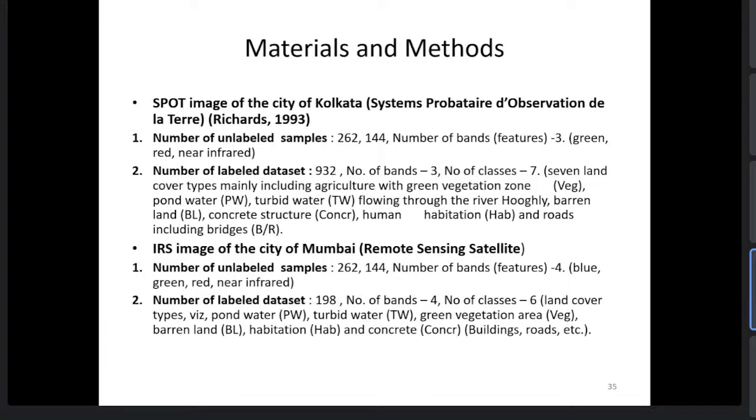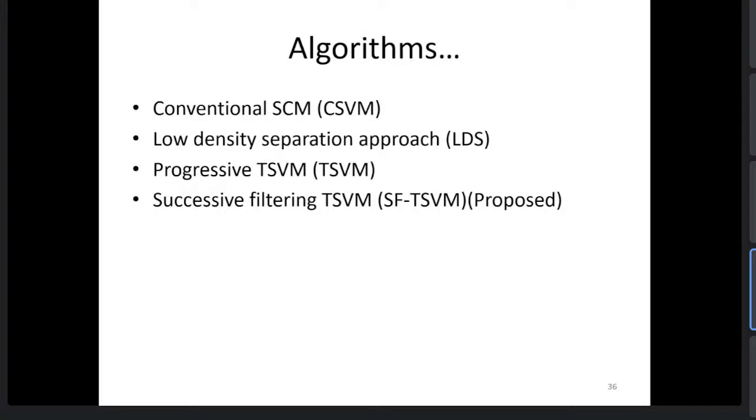The land cover types are pond water, turbid water, green vegetation, barren land, habitation, concrete buildings, roads, etc. Now move to the next slide.